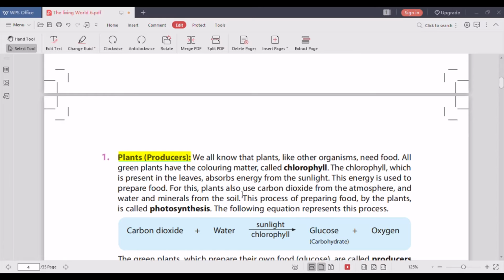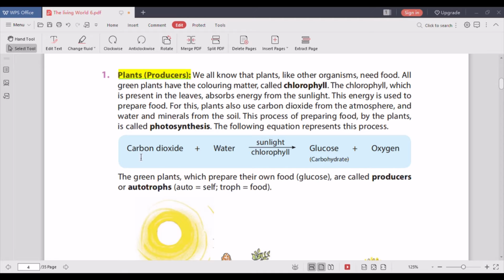For this, plants also use carbon dioxide from the atmosphere and water and minerals from the soil. This process of preparing food by the plants is called photosynthesis. The following equation represents this process. So this is the process of photosynthesis.